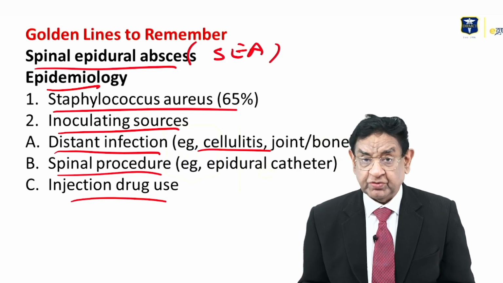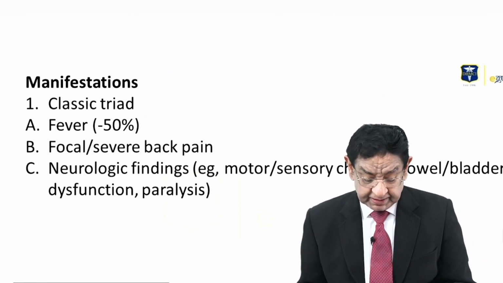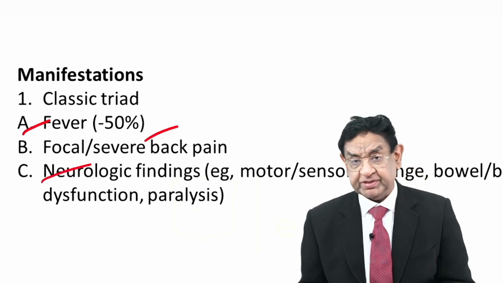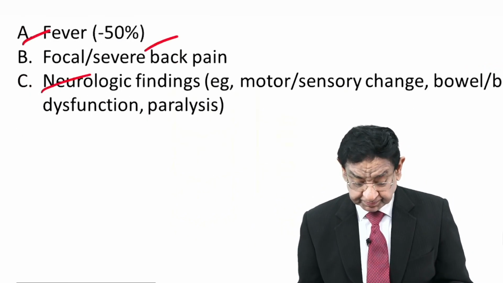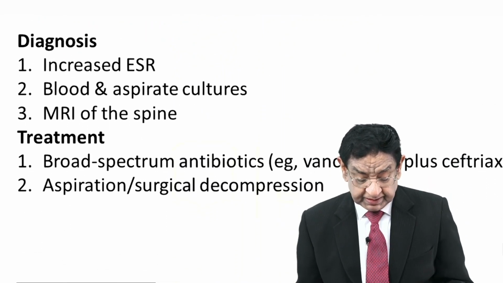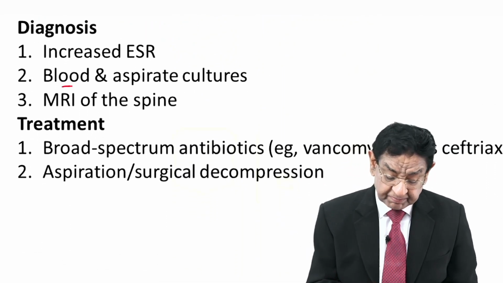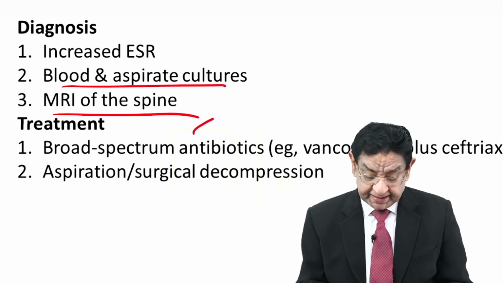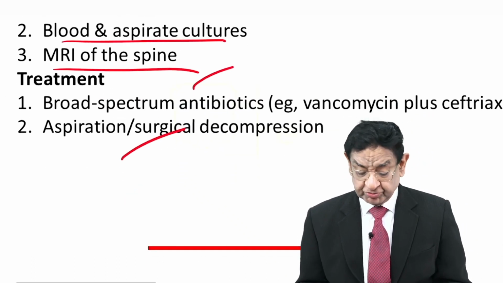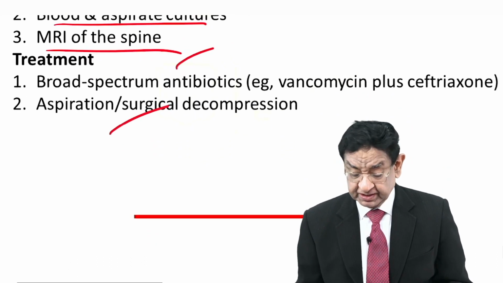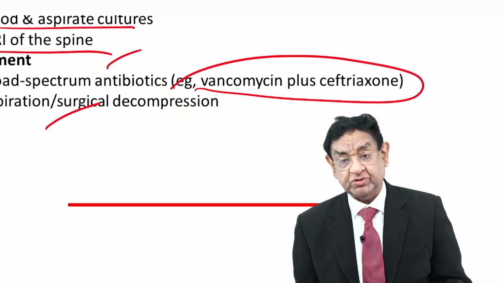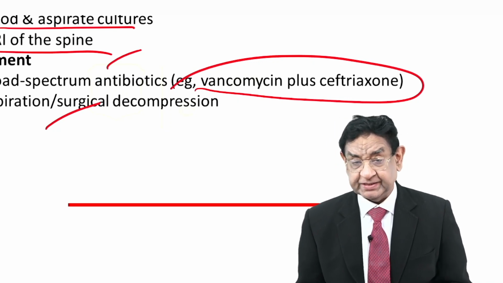The triad is fever, back pain, and any neurological deficit. Investigations: raised ESR, blood culture, and MRI of the spine. Treatment is antibiotic, and you have to aspirate or drain it surgically. We can give vancomycin plus ceftriaxone as the drugs of choice in this case.